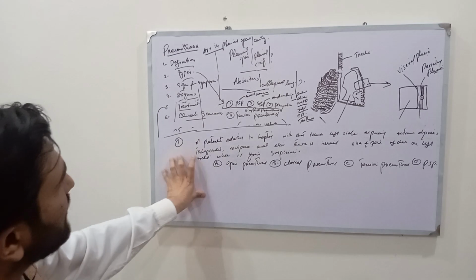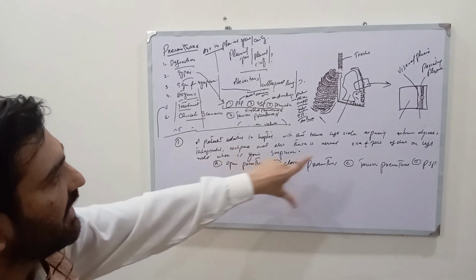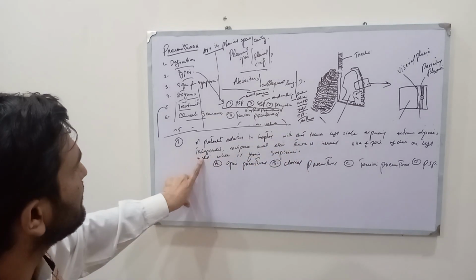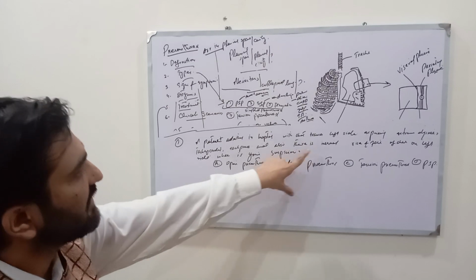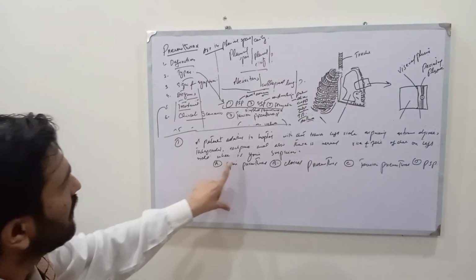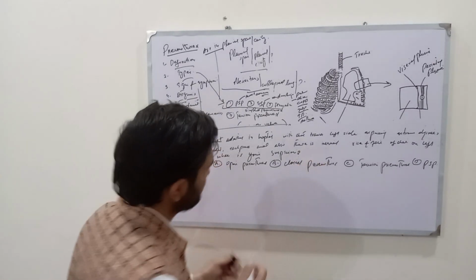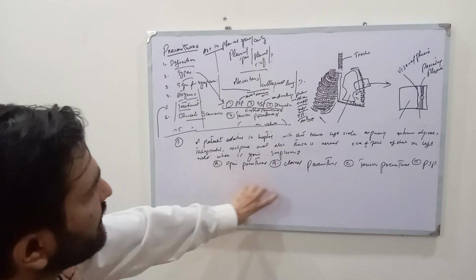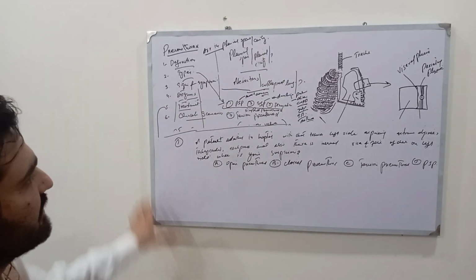So here is the scenario: a patient admitted in hospital with chest trauma on the left side, experiencing extreme dyspnea, tachycardia, tachypnea, and also there is unequal rise and fall of chest on the left side. What is your suspicion? Is it open pneumothorax, closed pneumothorax, tension pneumothorax, or primary spontaneous pneumothorax?